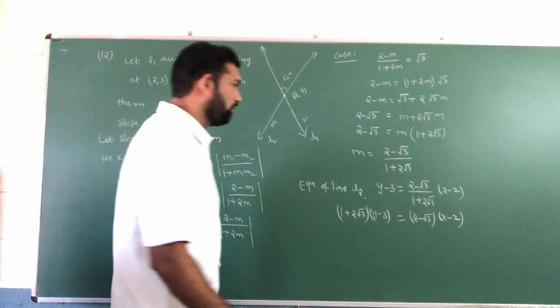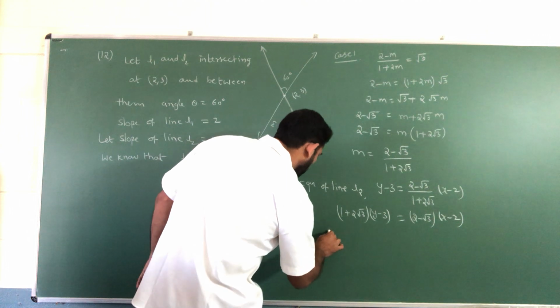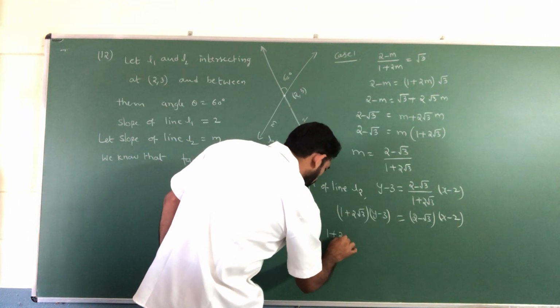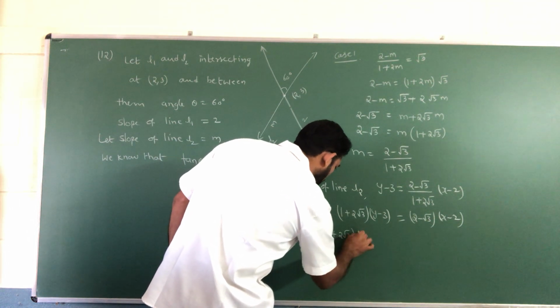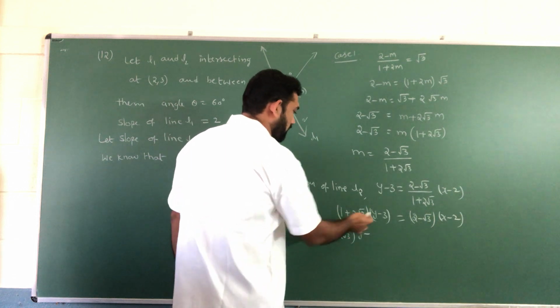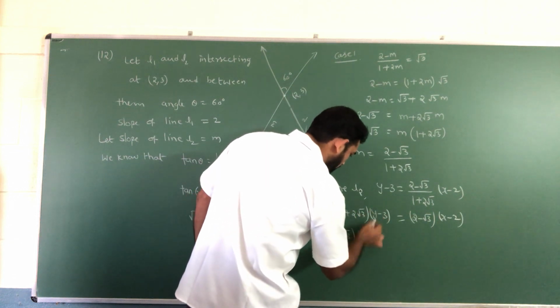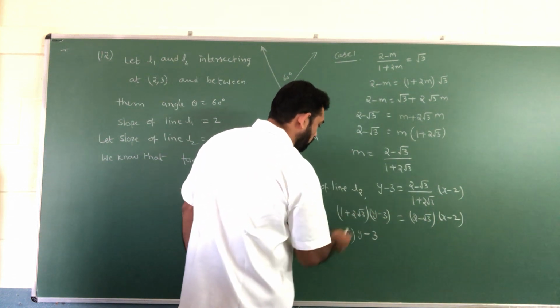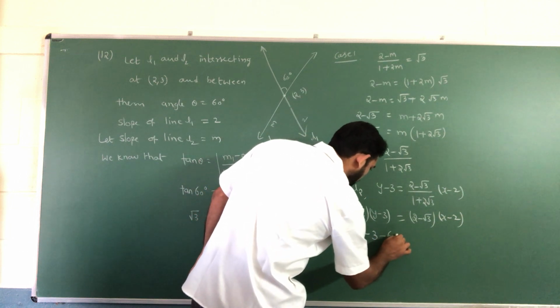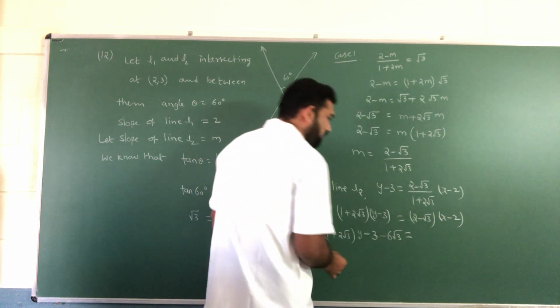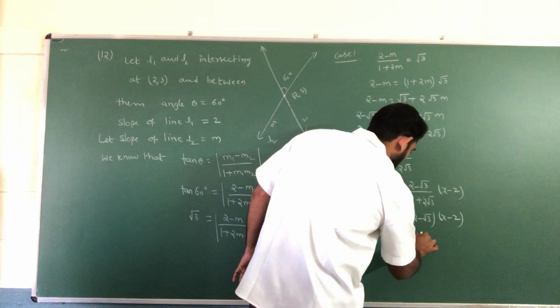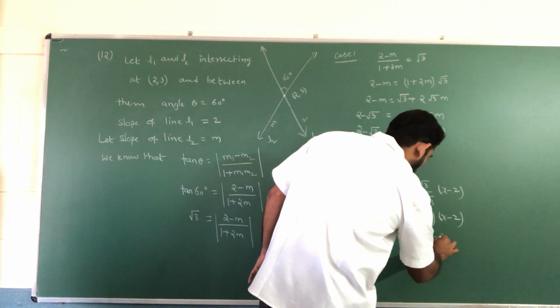Then multiply y: (1 plus 2 root 3) into y. Minus 3 is multiplied: minus 3 into 1 is minus 3, and minus 3 into 2 root 3 is minus 6 root 3. It is equal to x multiplied by (2 minus root 3).